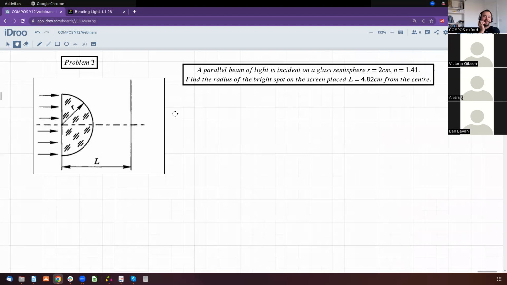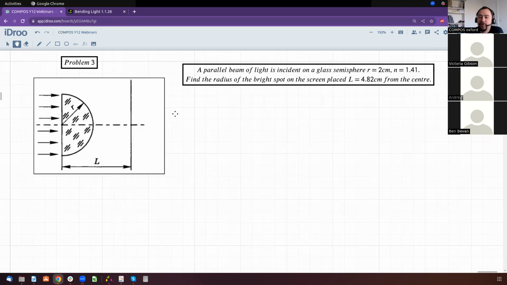Okay, let's have a look here. I'd like you to draw a diagram first, and then I will draw a diagram, and we'll see if we have the same result.